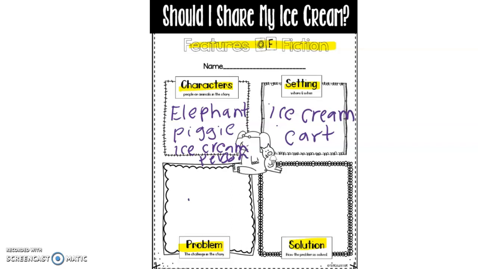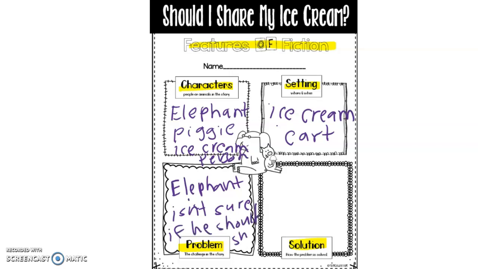The next one is the problem. What is the challenge of the story? I think that the challenge of the story is that Elephant isn't sure if he should share. The whole story, he's wondering if he should share the ice cream or not share the ice cream.